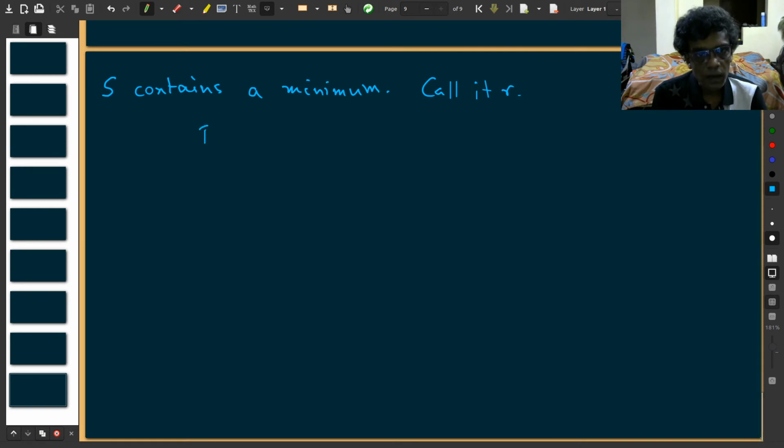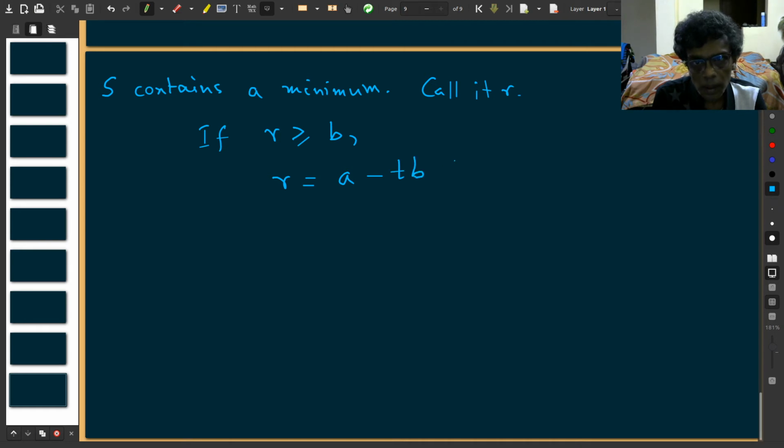So if R is greater than or equal to B, we have a situation like this, R equal to A minus TB, for some T, and this is greater than or equal to B. But then if I consider A minus TB minus B, this is greater than or equal to 0. A minus T plus 1 times B is greater than or equal to 0.